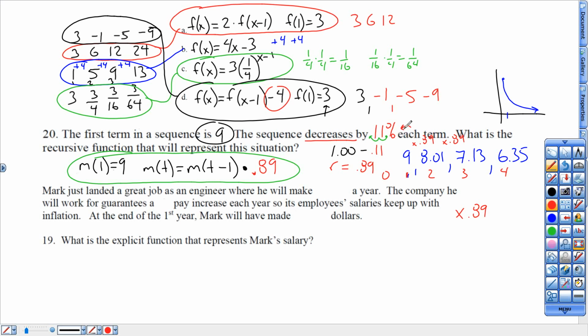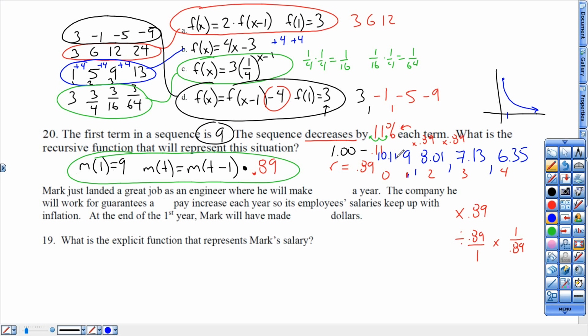Because if you're multiplying by 0.89 to the right, you're dividing by 0.89 going to the left, which is the same as multiplying by the reciprocal, 1 over 0.89. So if I take that 9 and divide by 0.89, it will give me the 0 term, which you can see is a little bit higher, 10.11. All right, first word is reciprocal.